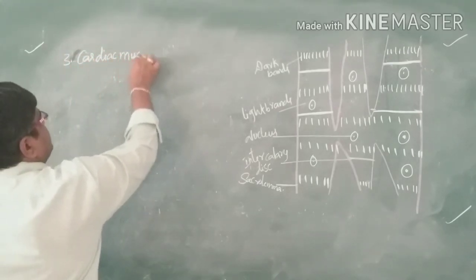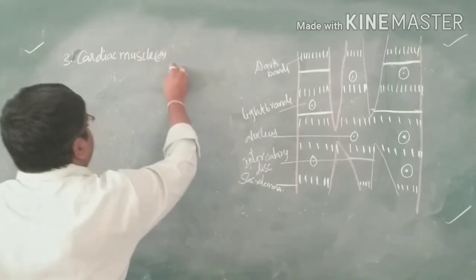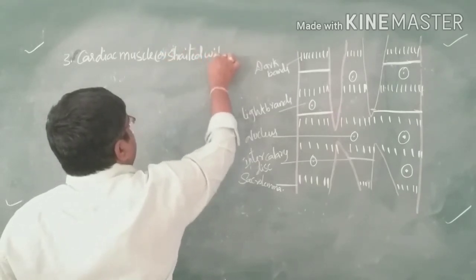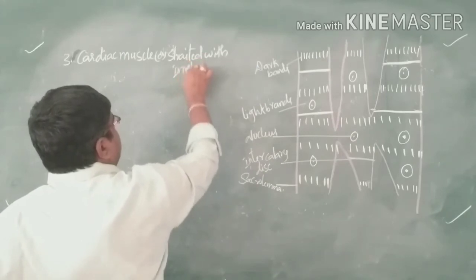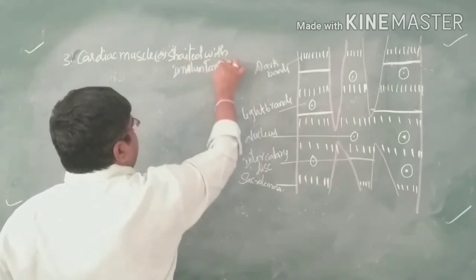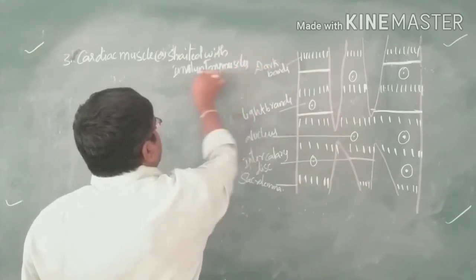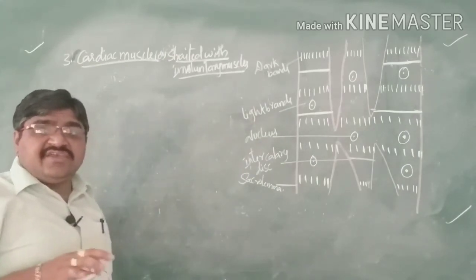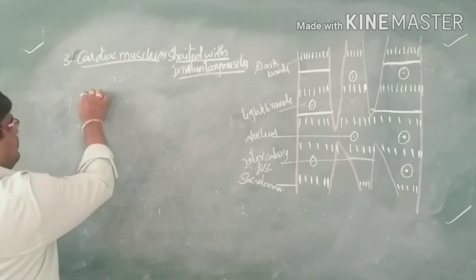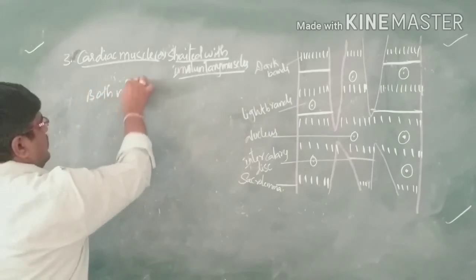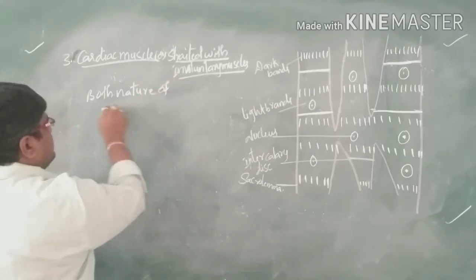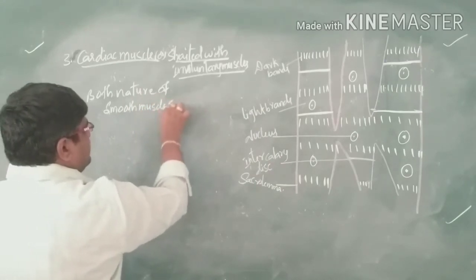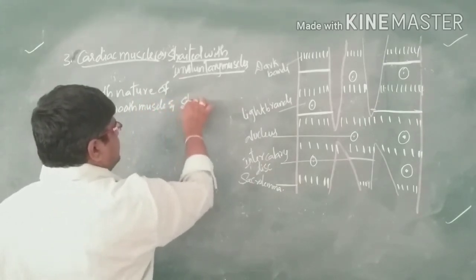Cardiac muscles, or otherwise the striated involuntary muscles, have both the nature of striped muscles as well as smooth muscles.